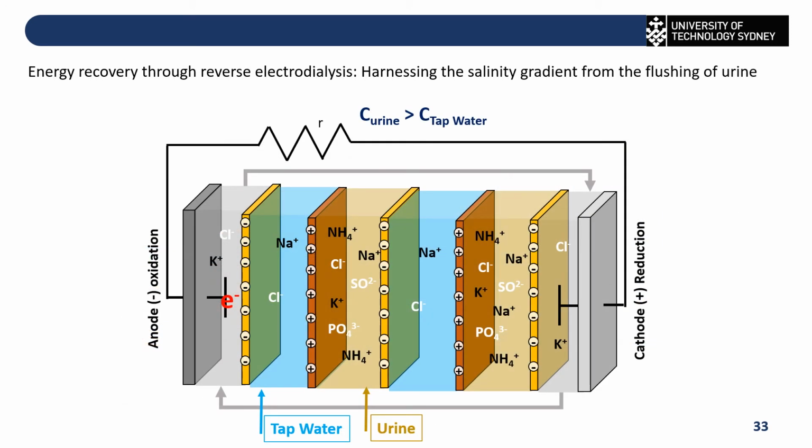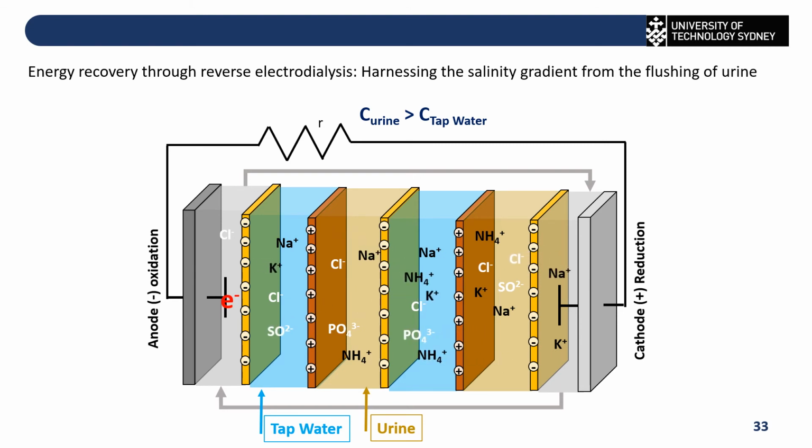So this is the very typical ion exchange membrane. This is the RED process, with anode oxidation and cathode reduction. You have anionic and cationic membranes to separate different ions in urine.